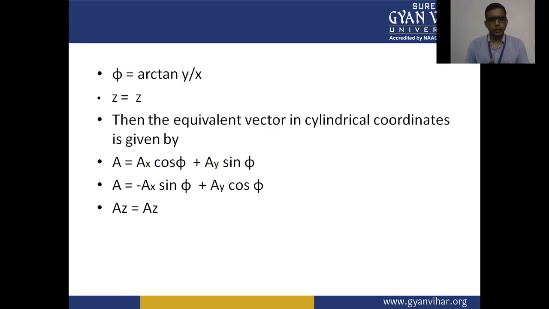Phi is represented in terms of Cartesian coordinates as phi equal to tan inverse of y by x.